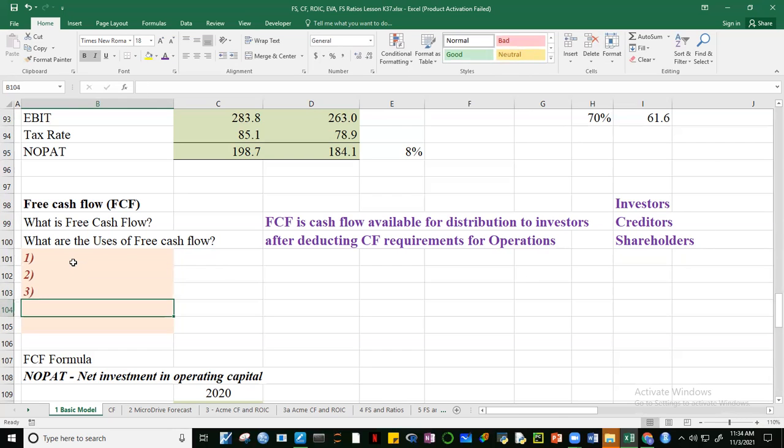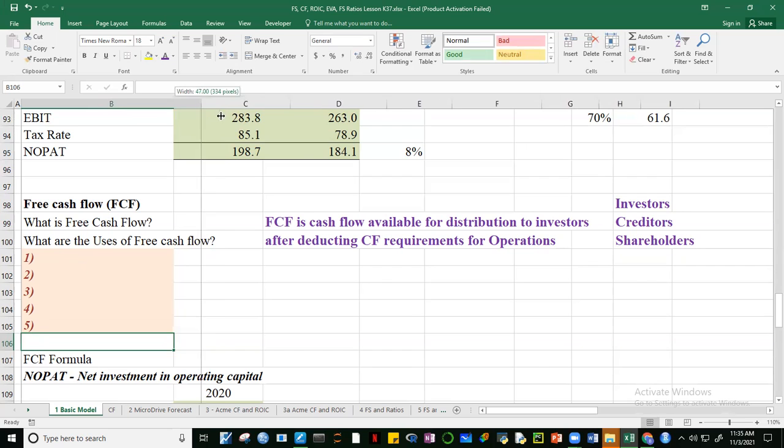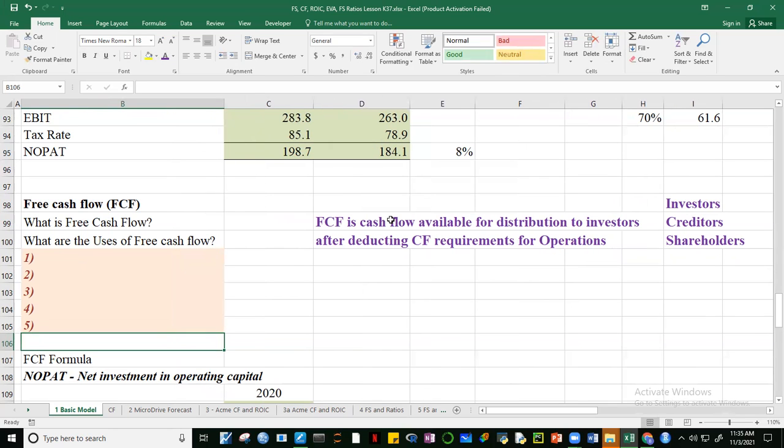Okay, anybody, guys, would like to volunteer? What do you think are the 5 uses of free cash flow based on the definition? Cash flow used for distribution to investors after deducting cash flow requirements for operations. So anyone? What are examples of uses of free cash flow?